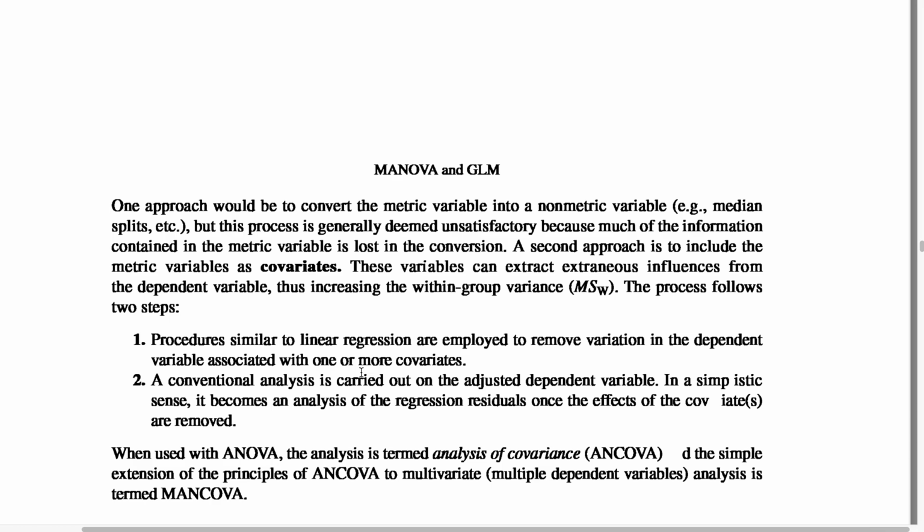One approach would be to convert the metric variable into a non-metric variable, that is, a median split, etc. But this process is generally deemed unsatisfactory because much of the information contained in the metric variable is lost in the conversion. A second approach is to include the metric variables as covariates. These variables can extract extraneous influences from the dependent variable, thus decreasing the within-group variance, MSW.